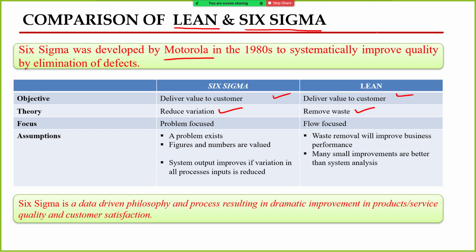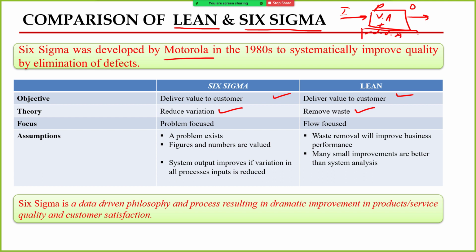When we say waste, if I talk again in terms of input, process and output perspective, when we are converting the input into the output in a process, we are doing some set of activities to convert this input into the output. This set of activities is the combination of value added plus non-value added activities.